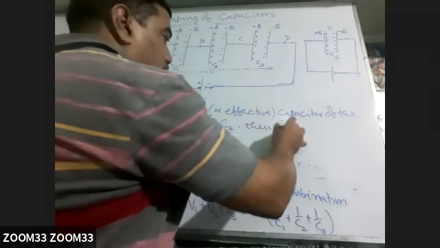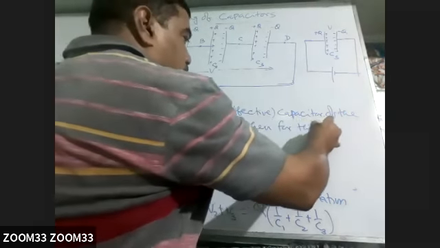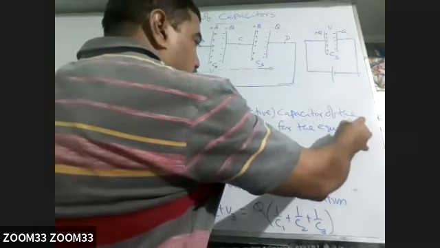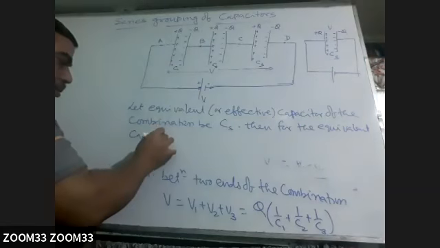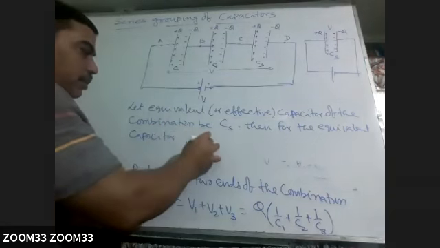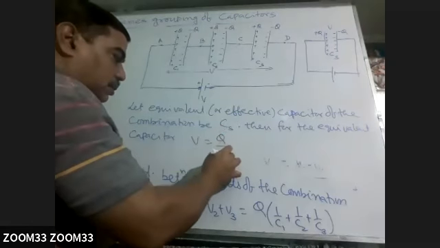Then for the equivalent, this V must be equal to Q over CS.